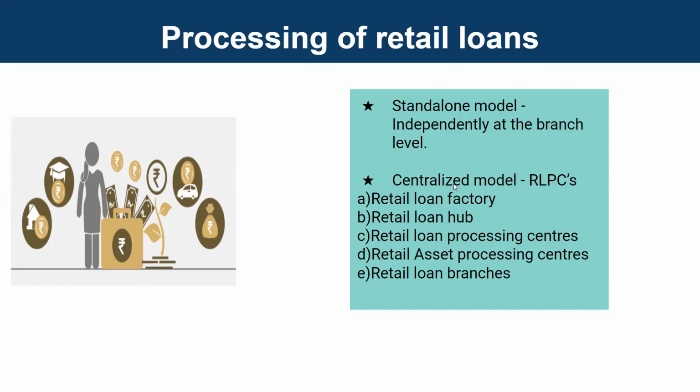But when it comes to the centralized model for retail loan processing, here we have something called the RLPCs, that is retail loan processing centers, under which we have the retail loan factory, retail loan hub, retail loan processing centers, asset processing centers, and retail loan branches.